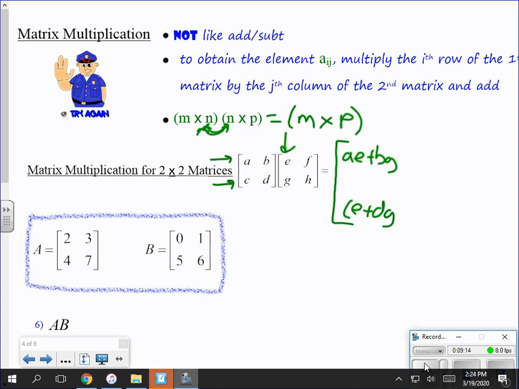And then I do the same thing for the second column here. A and B times F and H. So I have AF plus BH. And then for this bottom one I have CF plus DH. And that's how you get your elements of your matrix when you multiply them.